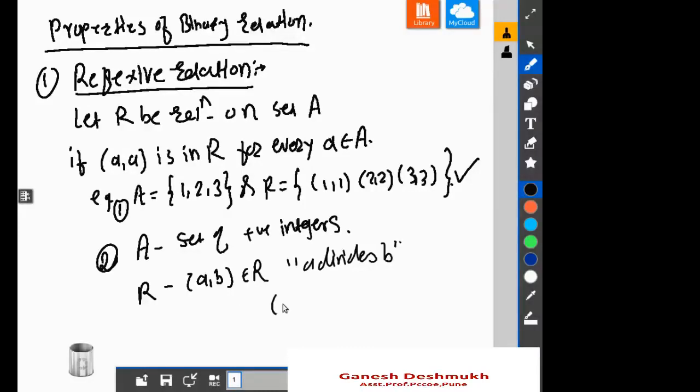So definitely you will have the pairs like (1, 1), (2, 2), (3, 3) and so on in the relation R. So hence I can say this relation of A divides B on the set of positive integers becomes a reflexive relation.